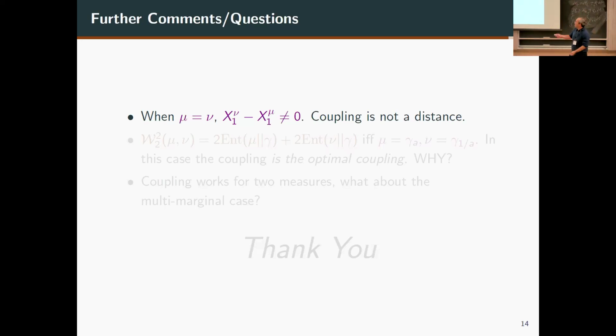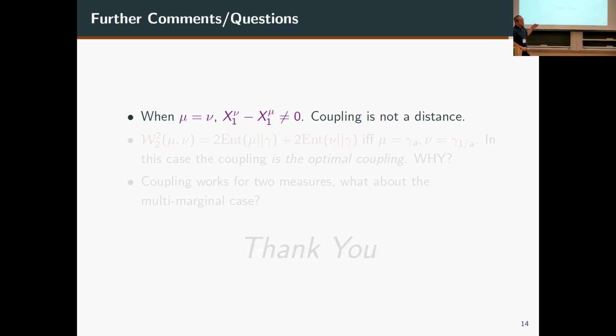For the reverse coupling, if you take the same laws, there's absolutely no reason for them to end at the exact same point. They will have the same laws, but they will be different, right? So definitely it's not true that the difference is zero almost surely, unless both mu and nu are standard Gaussians, and in that case you're not really doing anything. That's the starting point, where we condition them to have the same endpoints.